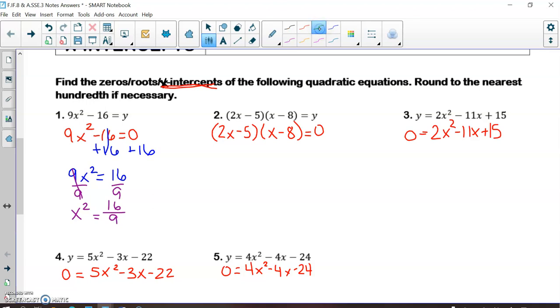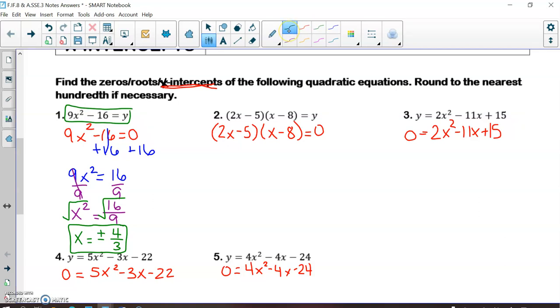And then I'm going to take the square root of both sides, and I get x is equal to a positive or a negative 4/3. What this means is that if I were to graph this equation on my graph, then my parabola would intersect the x-axis at positive 4/3 and negative 4/3.